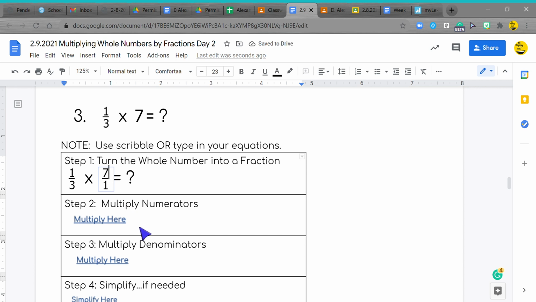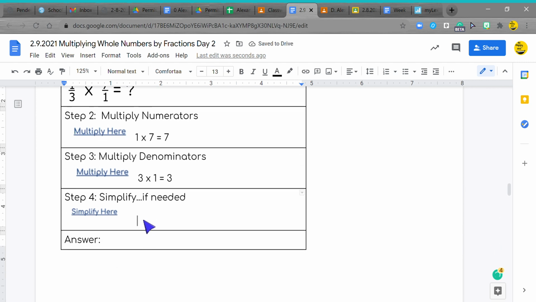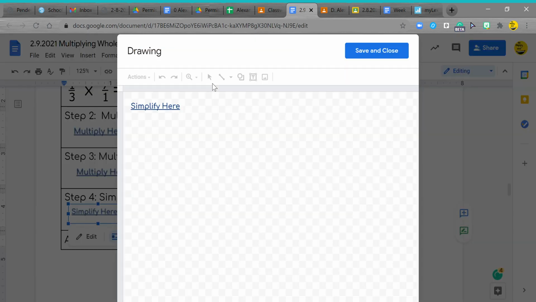So now I multiply the numerators. 1 times 7 equals 7. And then my denominator, 3 times 1 equals 3. Now I create my new fraction. I have 7/3. I know 7 is bigger than 3, so I need to simplify. I need my mixed number, you guys.